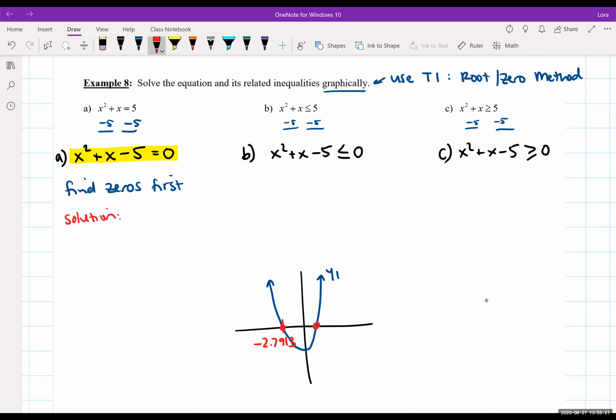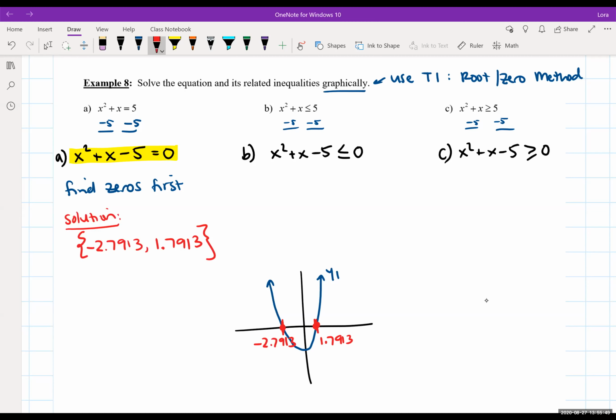And so we're just finding the roots, so that would be used with braces. Negative 2.7913. And then the other root was 1.7913 when we rounded. So I always like to sketch my roots so I know that the x-axis is broken up here into 3 different regions. And then I'll write my other solution, 1.7913. So part A is solved.